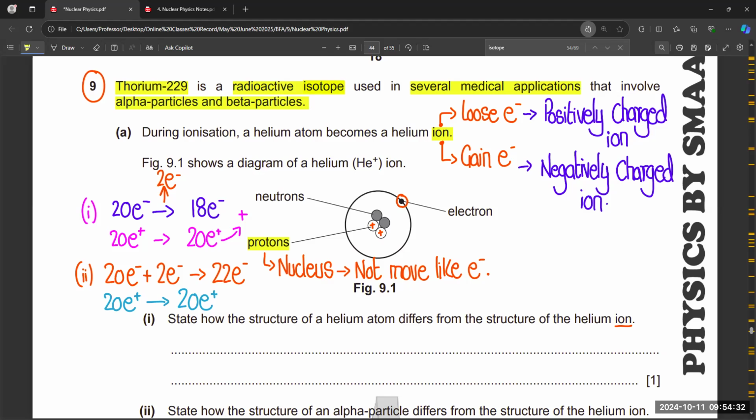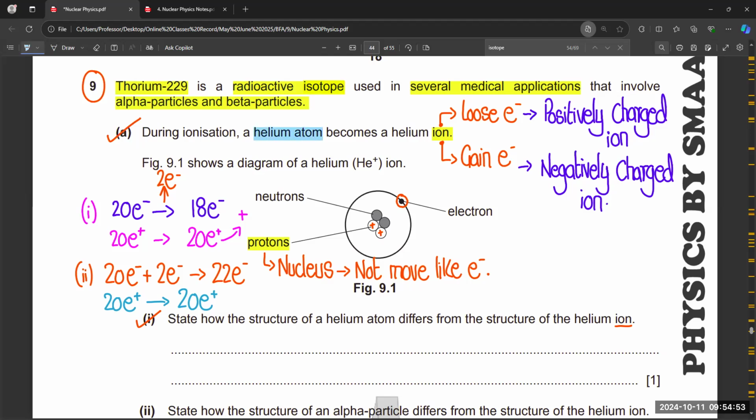Okay, now the basic idea that we are going to discuss is in the first part. We discussed so much about ions, and it is mentioned that during ionization, a helium atom becomes a helium ion.